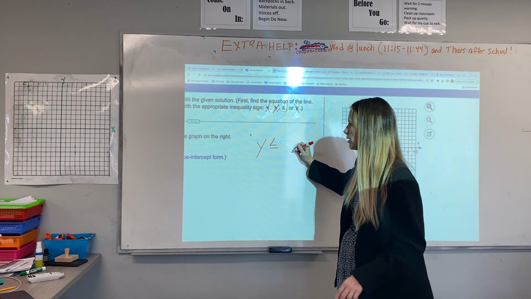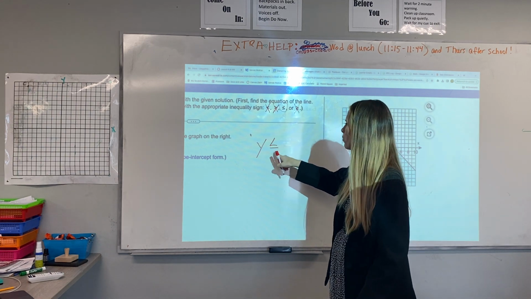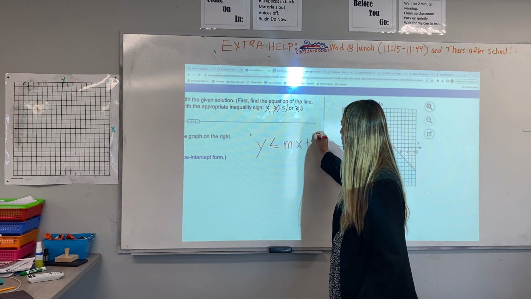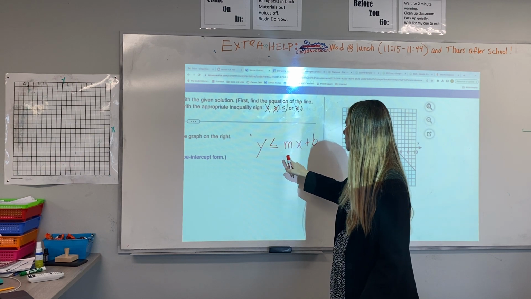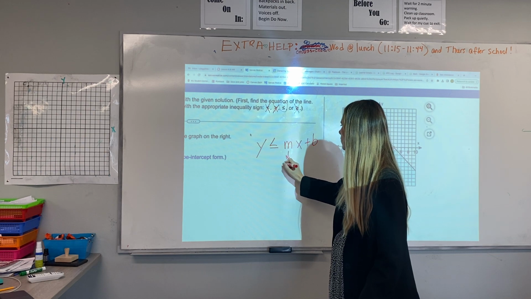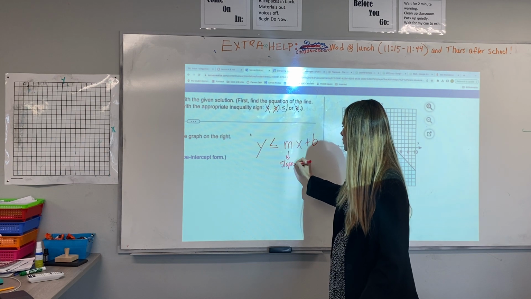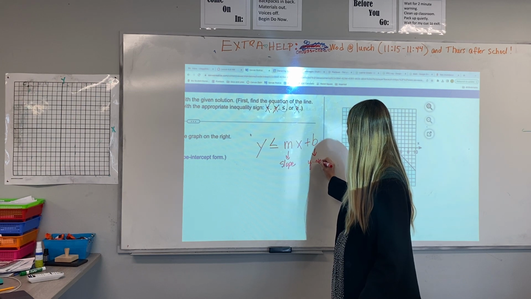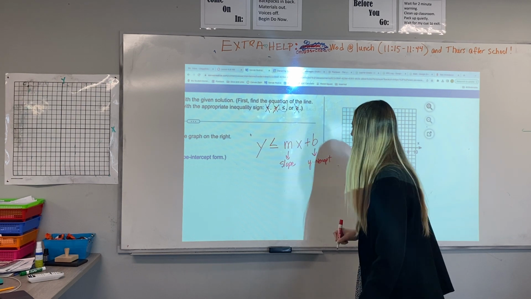Mx plus b. So I'll just leave my inequality symbol here. Y is less than or equal to mx plus b. What does m stand for? Slope. The slope. X stays x, and b is the y-intercept.